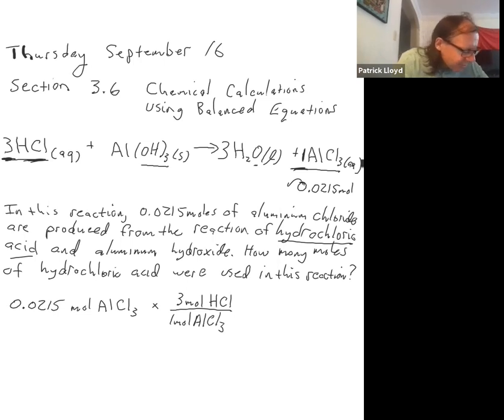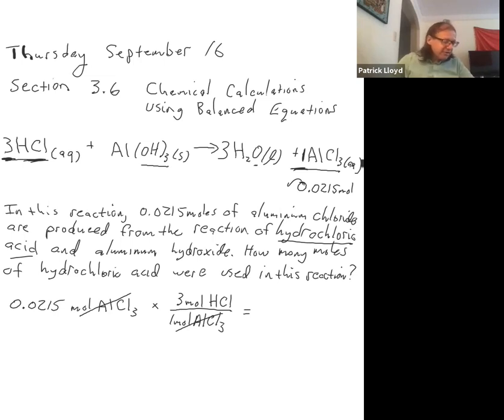Okay, so the moles of aluminum chloride are going to cancel, and you're going to have moles of HCl. Again, the coefficients are considered exact numbers, okay? Now, in practice for cooking, those really, 3 cups could be 2.99 cups. That's not really an exact number. But in terms of a balanced equation, we assume that the coefficients are exact numbers.